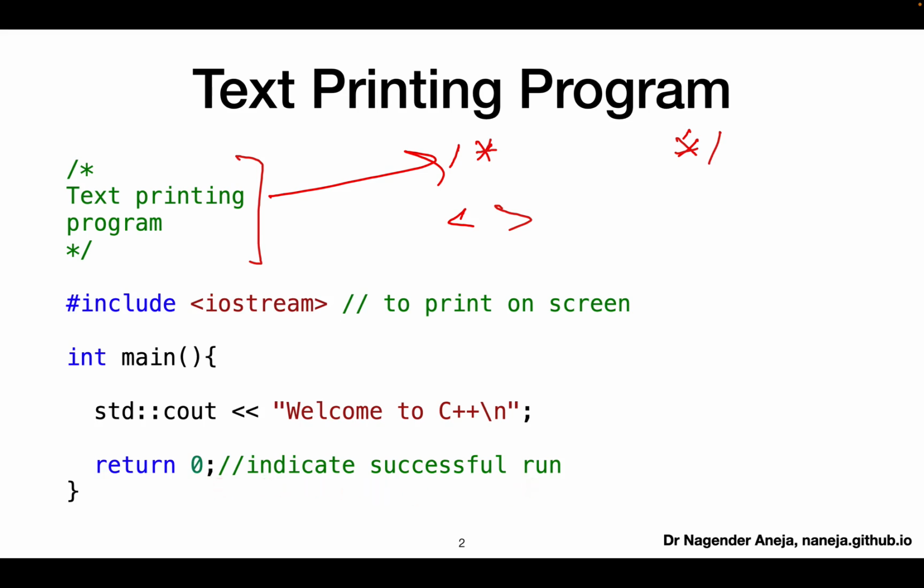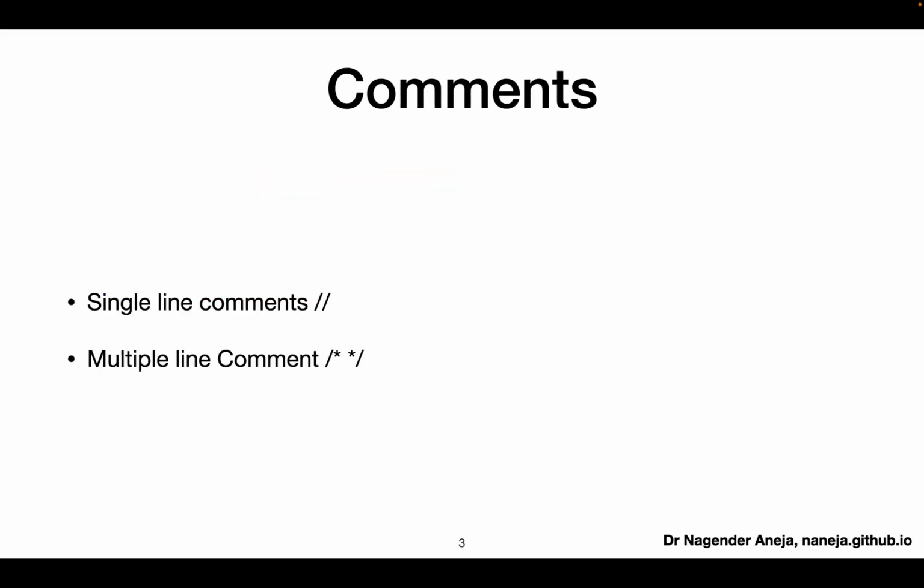Now we'll see the meaning of the particular keywords that we have used here. First thing, the comments. Comments can start with a double slash, which we have already used, or with the slash star and end with the star slash.